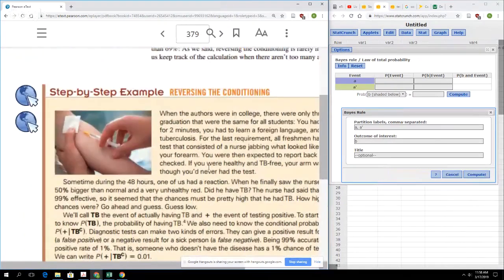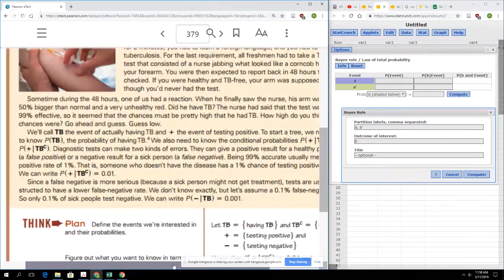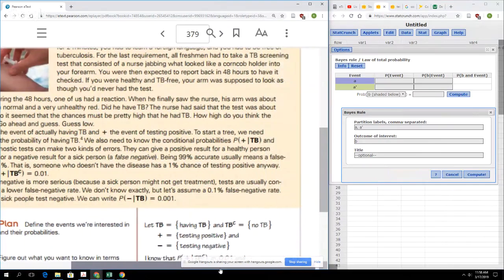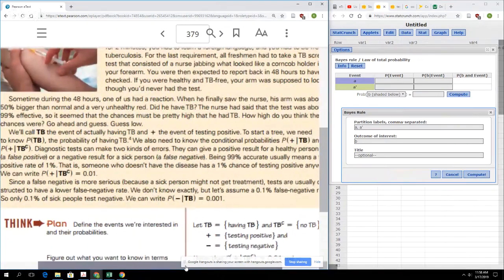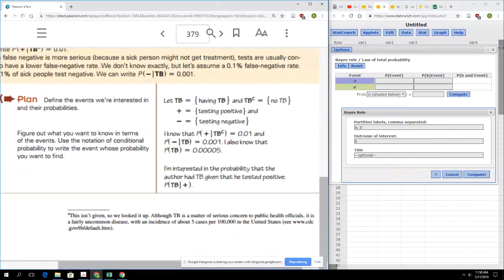Here we go. Okay, so please read this problem thoroughly, right? But what do we want to know? I'm interested in the probability that the author had TB given that he was tested positive, right? So we have the probability that if you have TB, what was the chance that you tested positive?